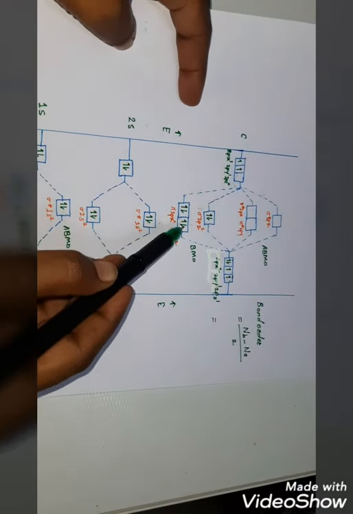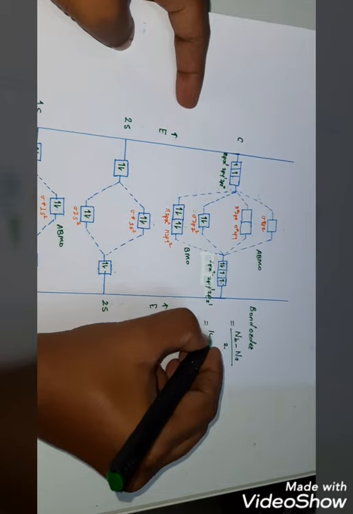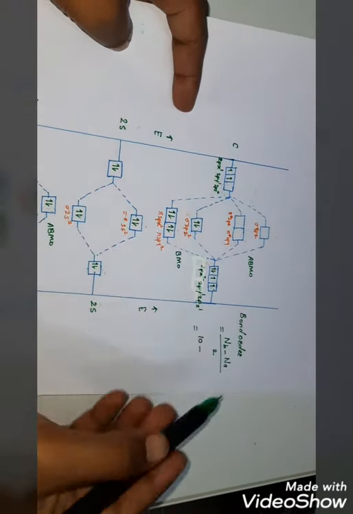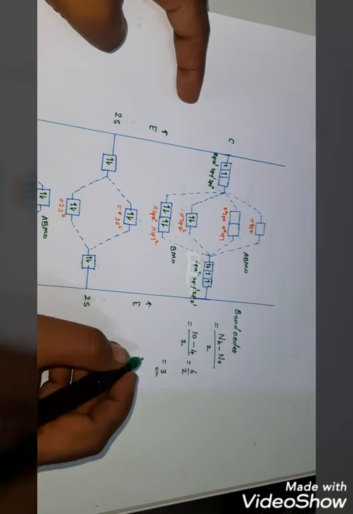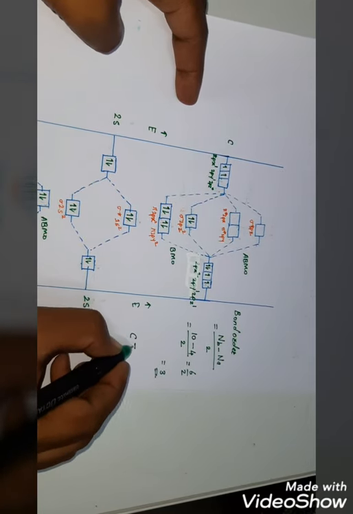Now we have 10 bonding electrons and 4 antibonding electrons. So 6 by 2 we get 3. This 3 indicates that the carbon monoxide molecule has a triple bond. So this is the energy level diagram for the CO molecule.